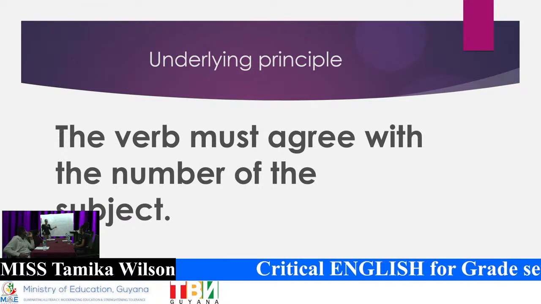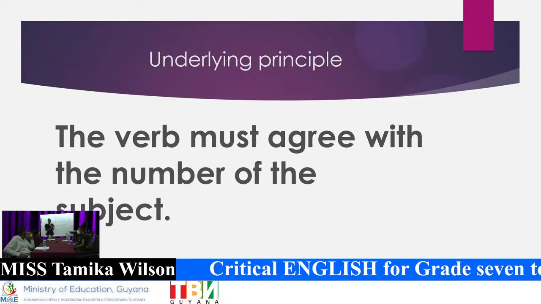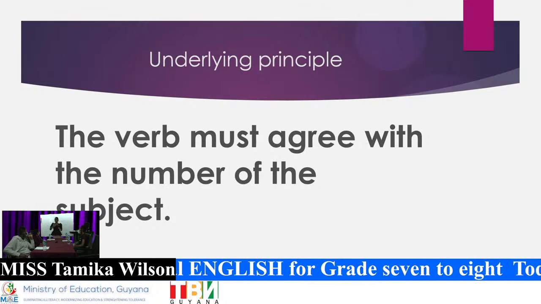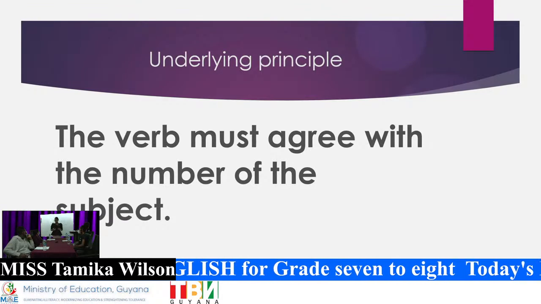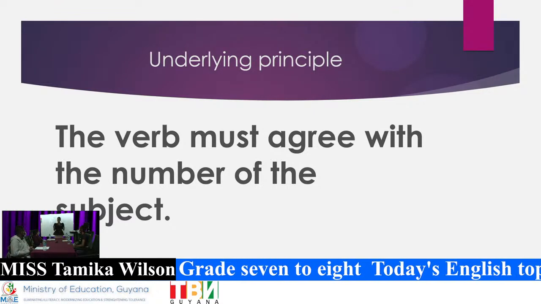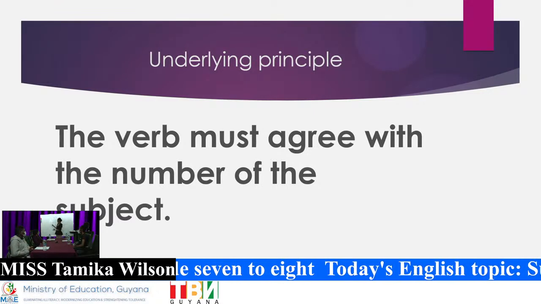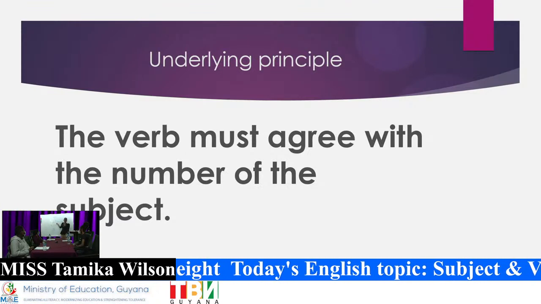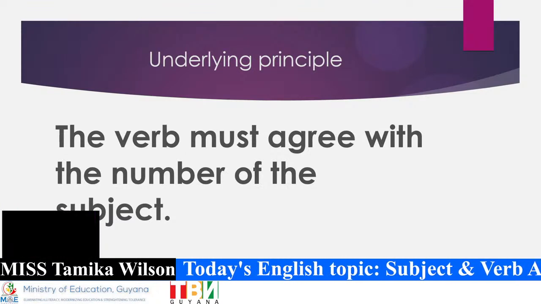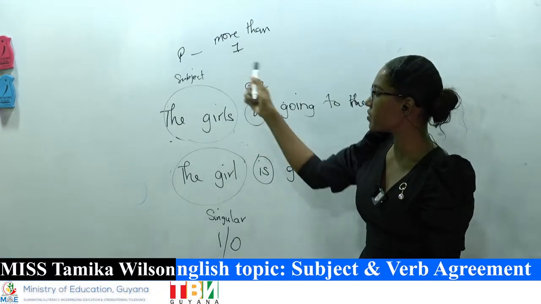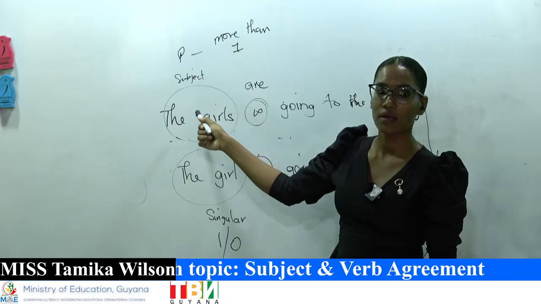And that is the underlying principle. Everything else, all the other rules, builds on that rule. It's like the foundation of subject and verb agreement. We need that foundation, because if we don't, then we'll have this, and this here is an error in writing. The verb must agree with the subject in number.